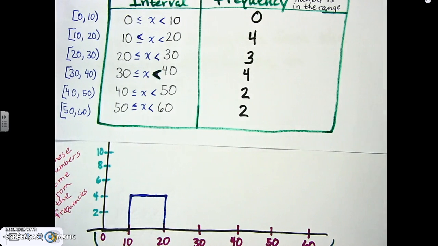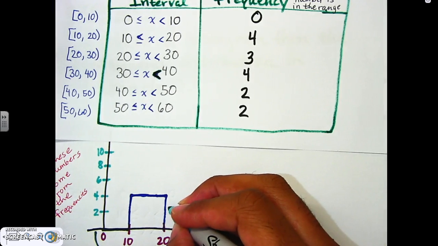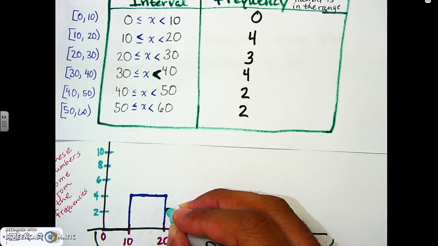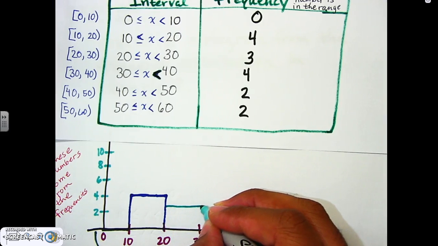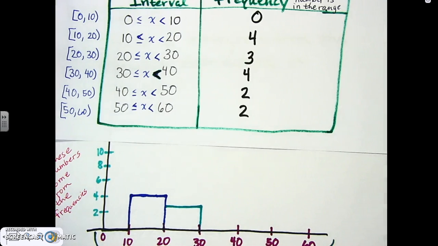Then we keep going. Between 20 and 30, there were only 3 numbers there. So that means 3 is between 2 and 4, so we'll just say right here, come down. And again, remember there's no gaps between them, so don't put a gap.